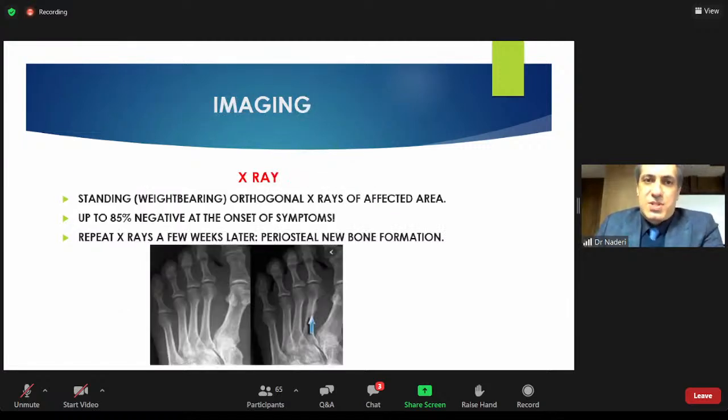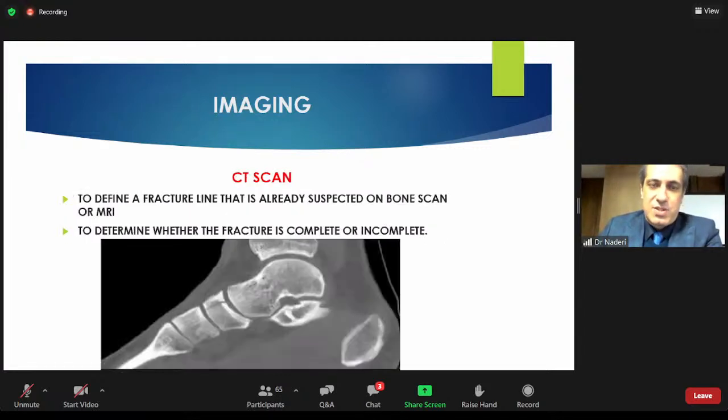To diagnose stress fractures, imaging starts with X-rays done in weight-bearing or standing position of the affected area. As we know, up to 80% of X-ray results are negative at the onset of symptoms. So if we repeat the X-rays a few weeks later, we might find periosteal new bone formation, as depicted here in a metatarsal shaft fracture.